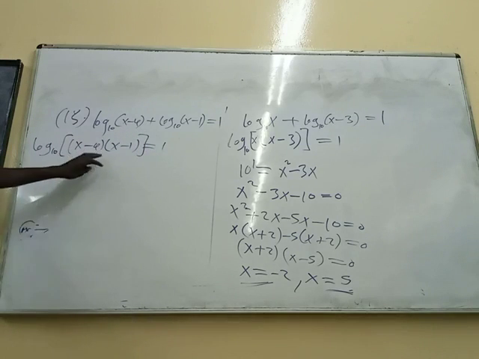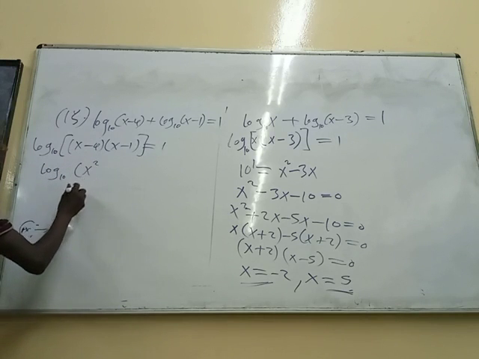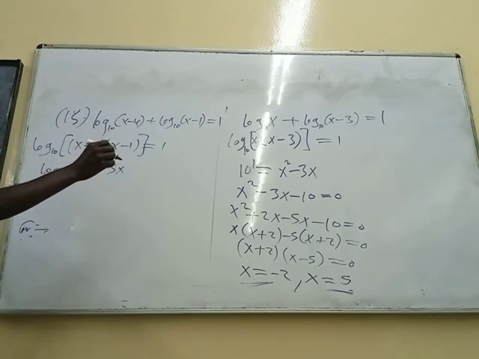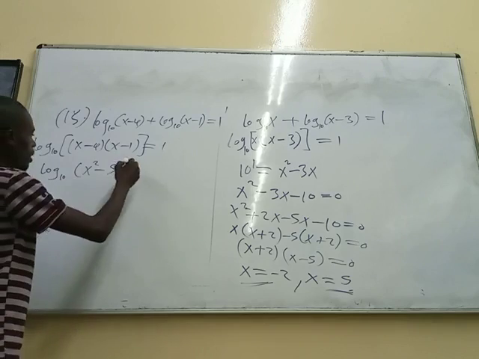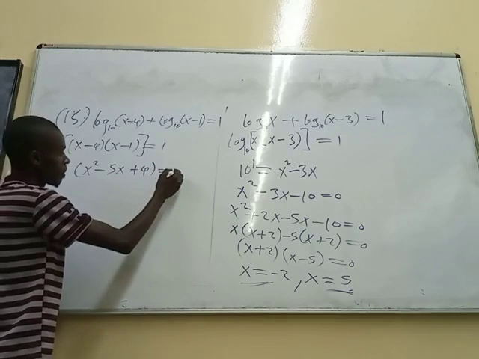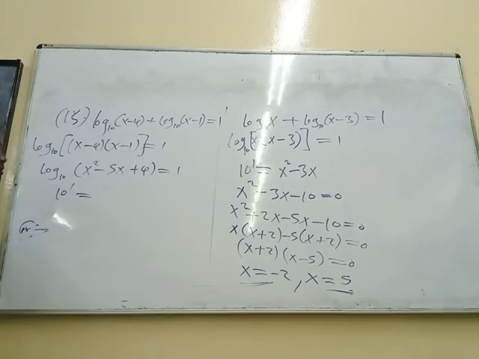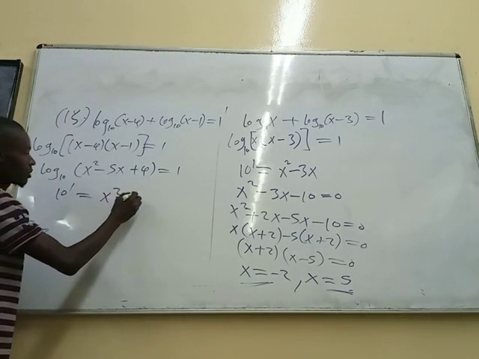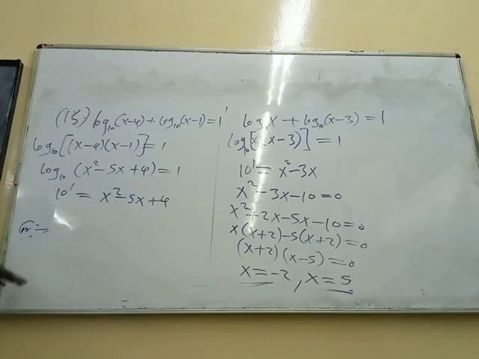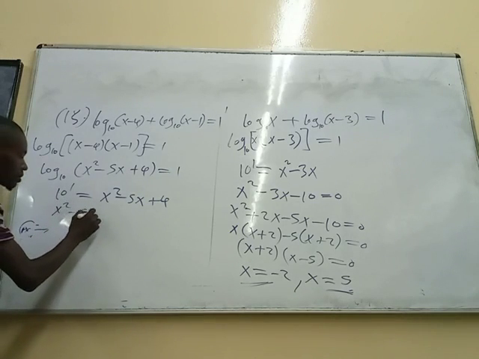So when we multiply this, we're going to have x squared. Then this is going to be negative 5x, and then we have plus 4. Then from here we can now just take this thing to the other side of an equal sign.